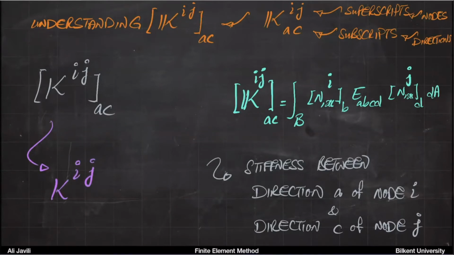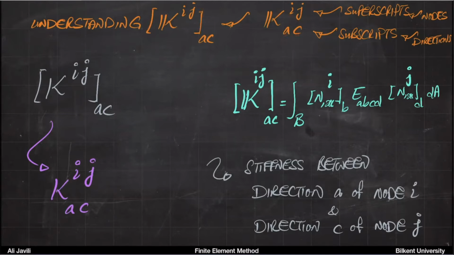Now I intentionally write it like this. So again, you should not get confused if you don't have these brackets. I mean, naturally, the first component corresponds to the first node, and the second direction C corresponds to the second node.